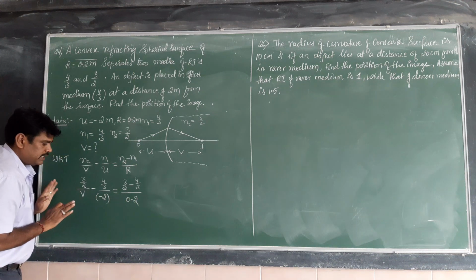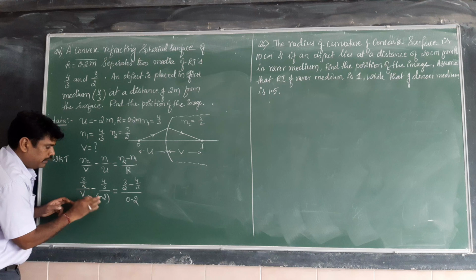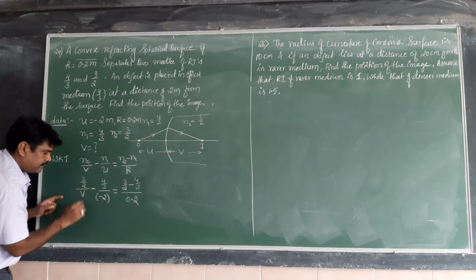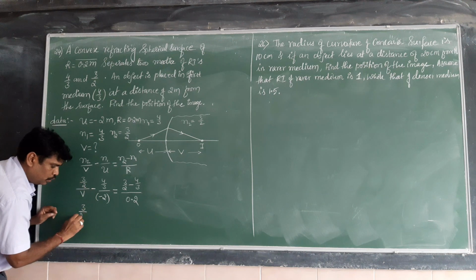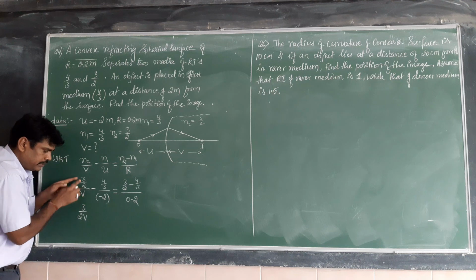Now you can do the simplification. Minus of minus becomes plus. This 3 by 2 divided by V becomes 3 by 2V. I am just simplifying this.